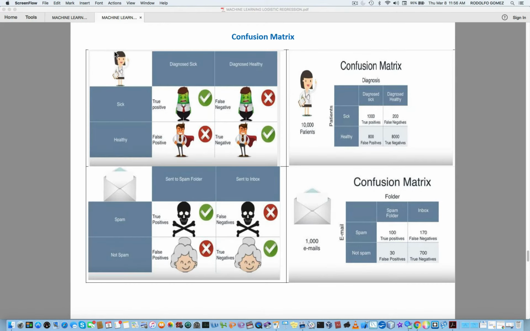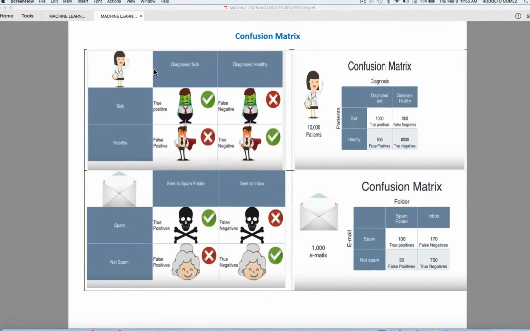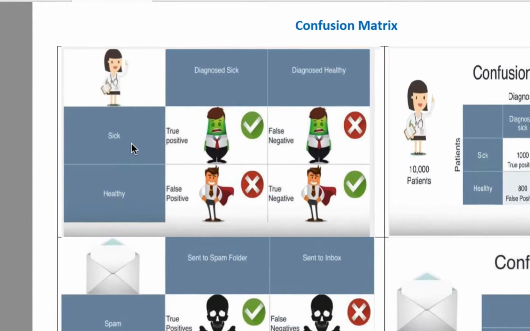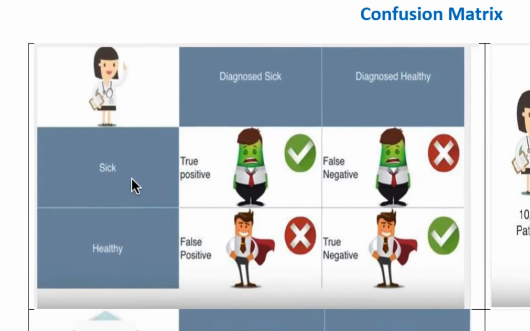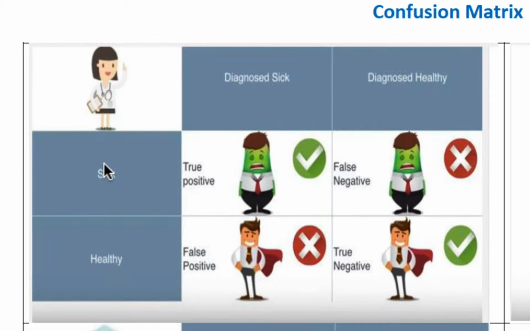We have here two examples. In the first one we have test data that tells us if the person is sick or healthy, and your model or classifier is going to predict or diagnose as sick or healthy. In the green checks, your model is doing fine, and in these red spots, your model is failing.